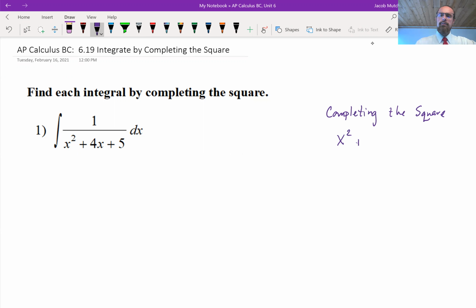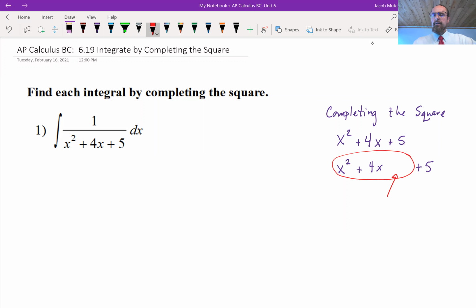And I want to complete the square so that its form shows that structure of something squared plus or minus something squared. So to do so, I'll separate the first two terms, this x squared and the plus 4x, from the constant 5. And I want to create a new constant so that I can factor this trinomial.